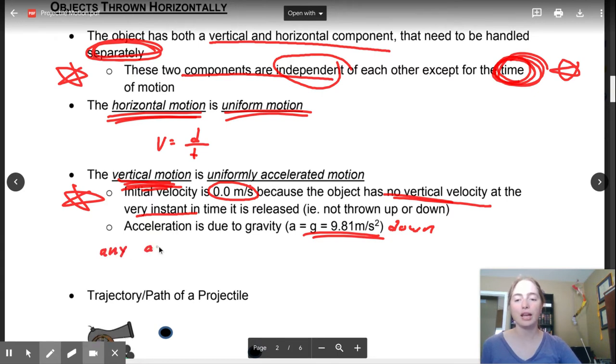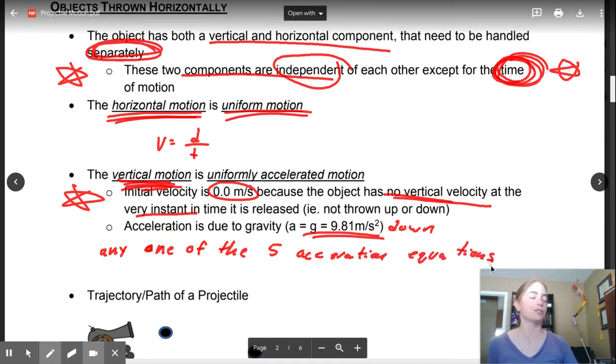You can use any one of the 5 acceleration equations, okay? And remember, depending on what values you have will depend on which one you use.